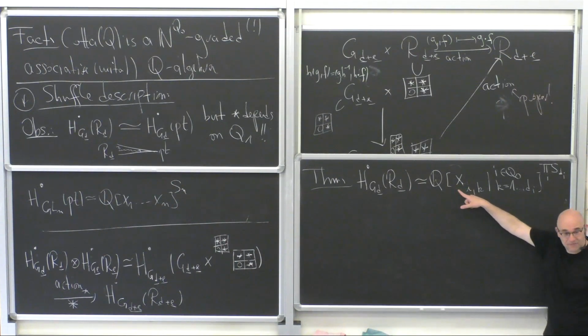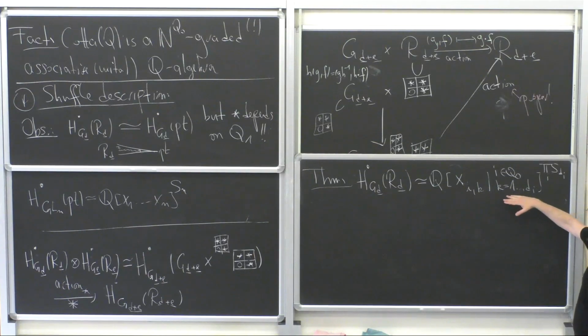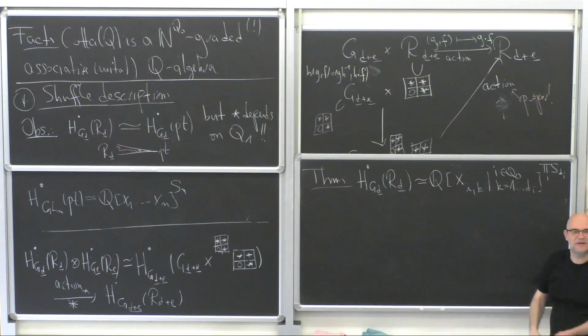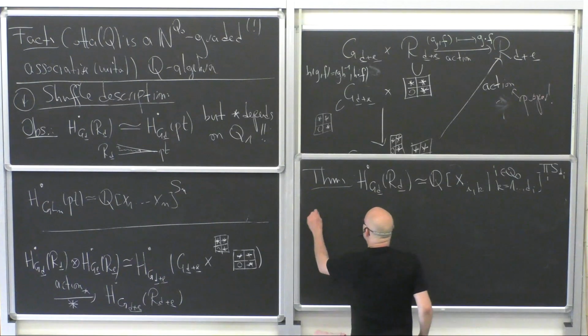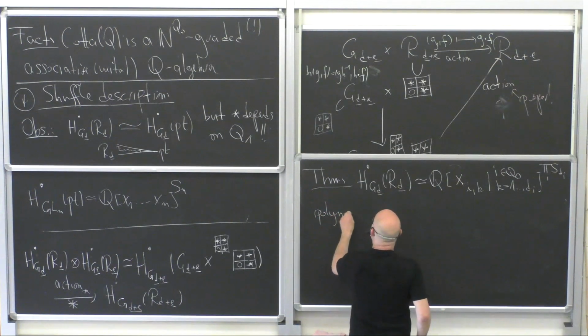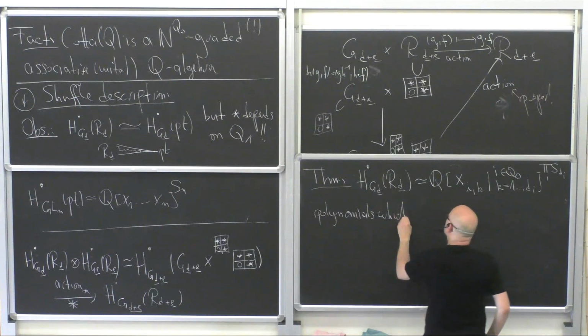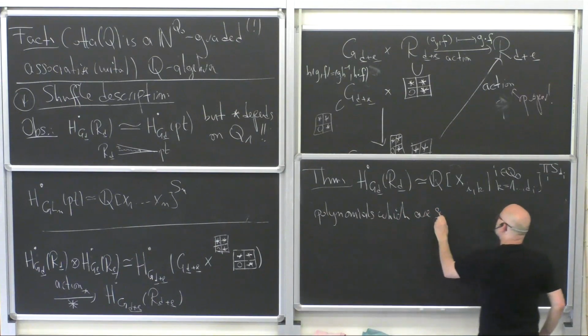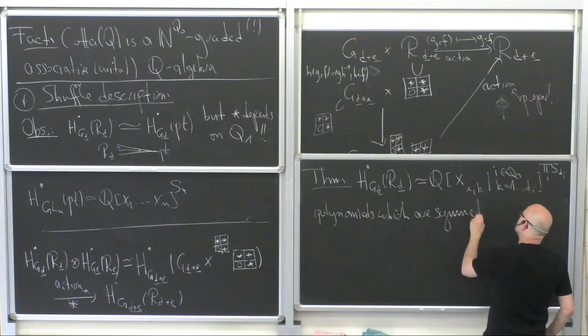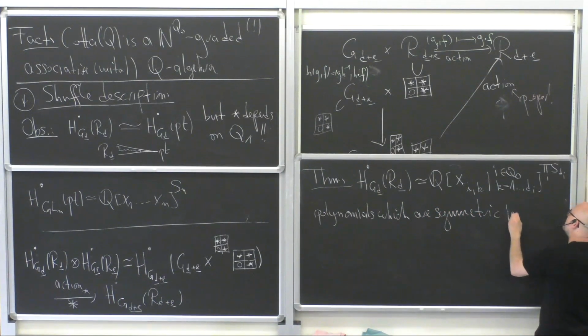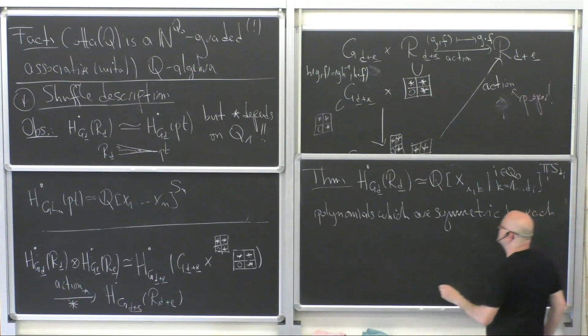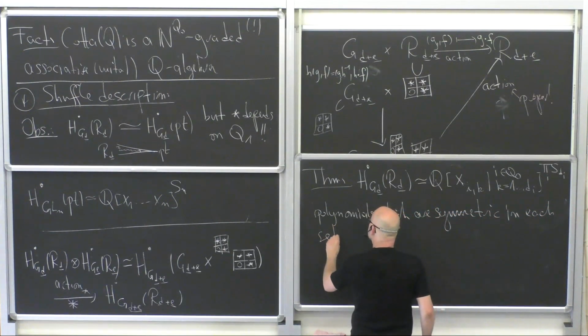We are taking several sets of variables, and we are looking at those polynomials which are symmetric with respect to each set of variables. Polynomials which are symmetric in each set of variables.